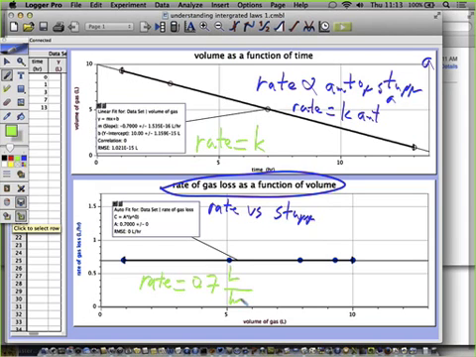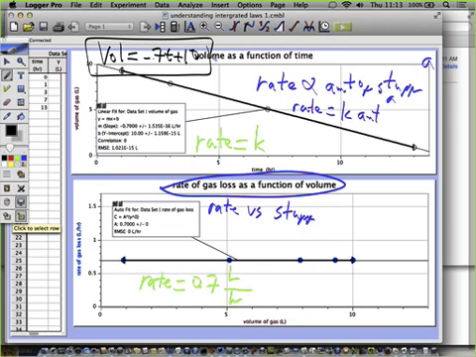In fact, what is the mathematical equation for the top graph? It is volume equals negative 0.7 t plus 10.